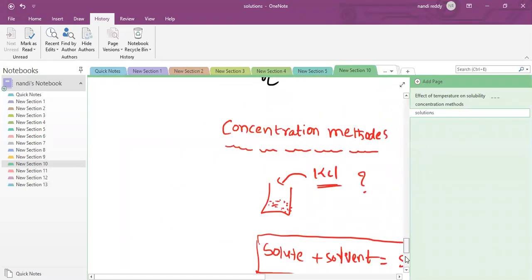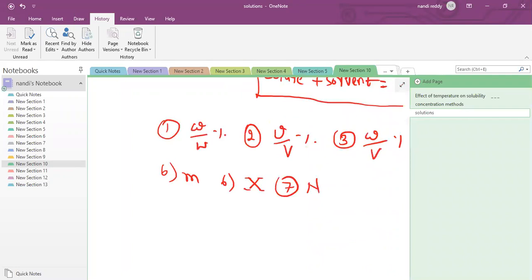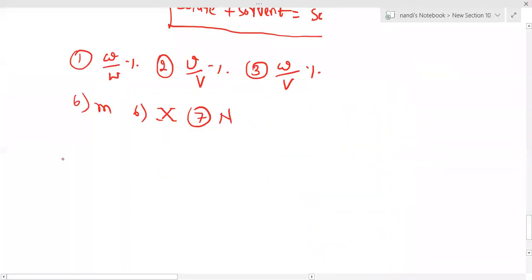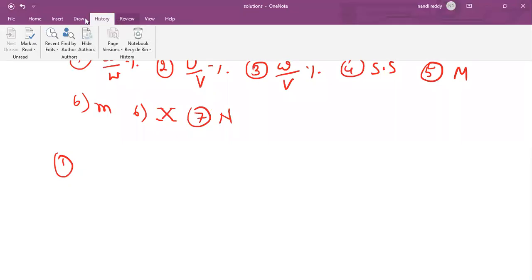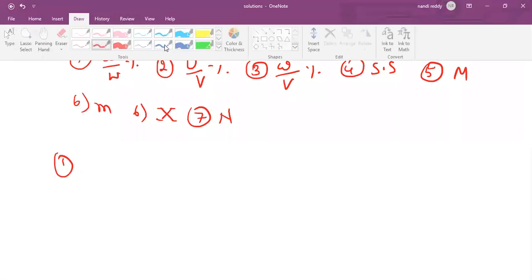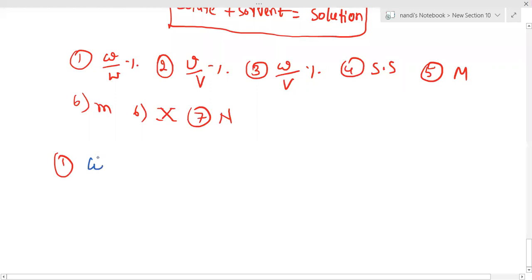Right, concentration methods one by one we'll discuss. First one, W by W%. Above is solute, below is solution. Percentage means per 100.